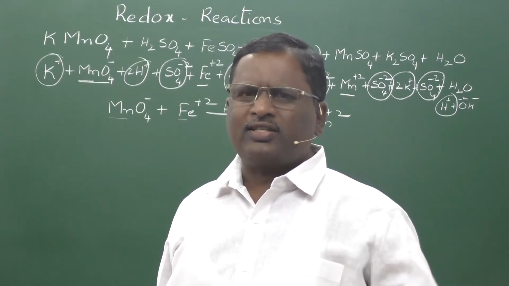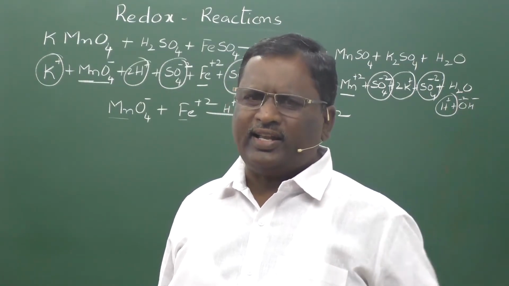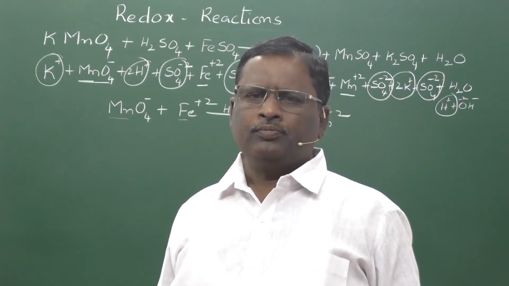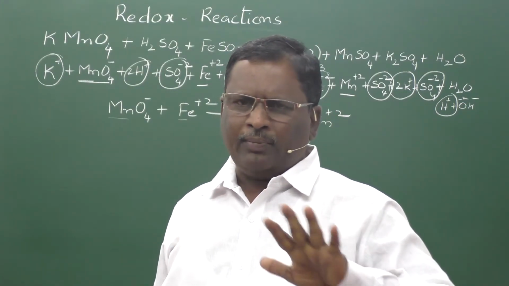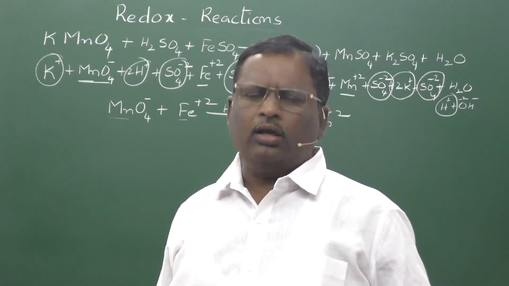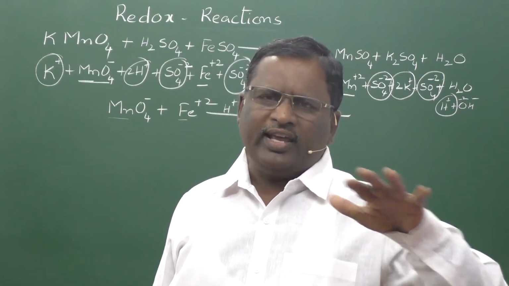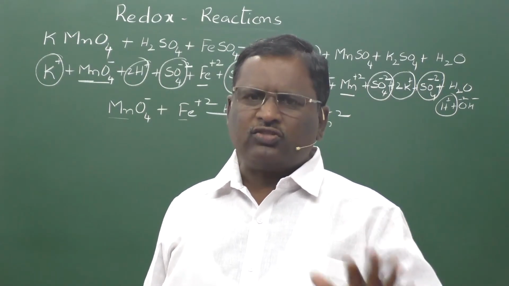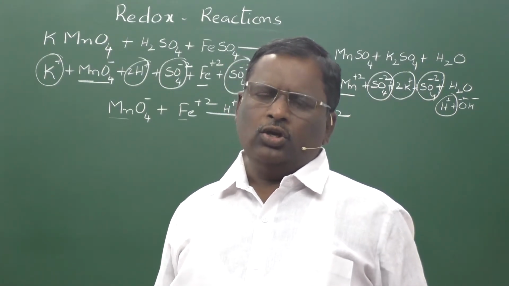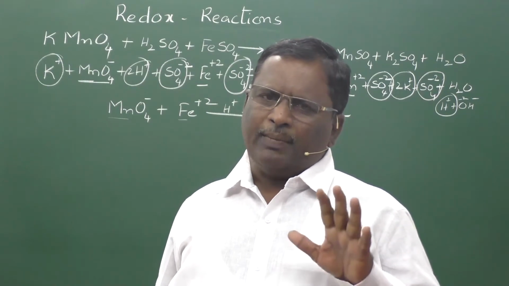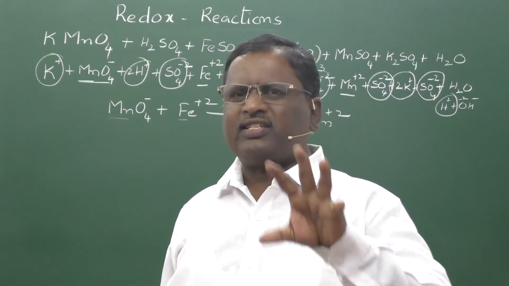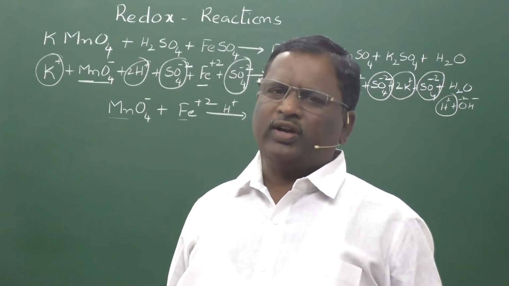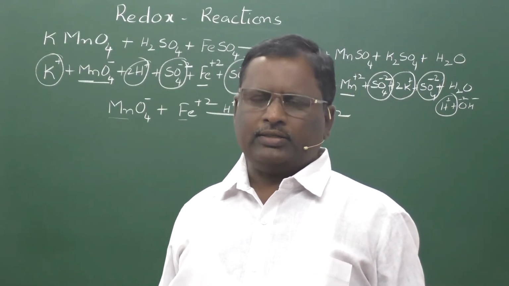That plus 7 oxidation state is only an imaginary oxidation state. Along with oxygen, it will exhibit that oxidation state. The Mn plus 7 ion does not exist at all. That is why, along with oxygen, we represent it as MnO4 minus, because its existence is in that form only.